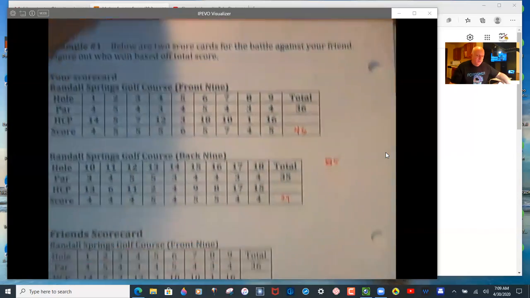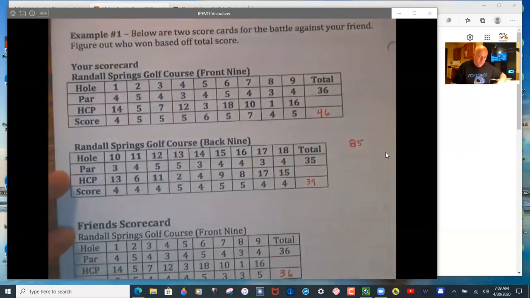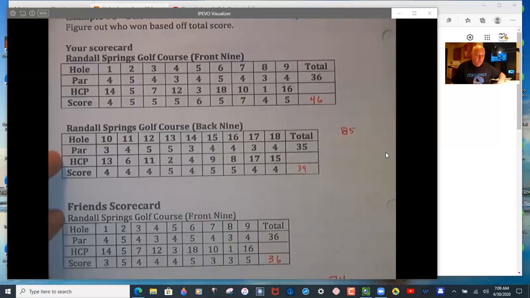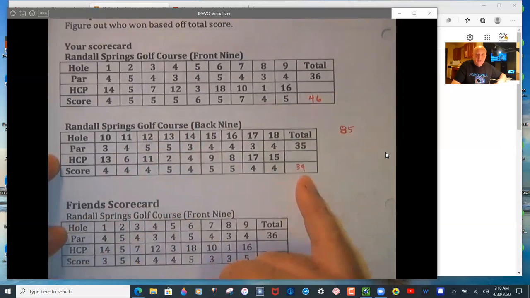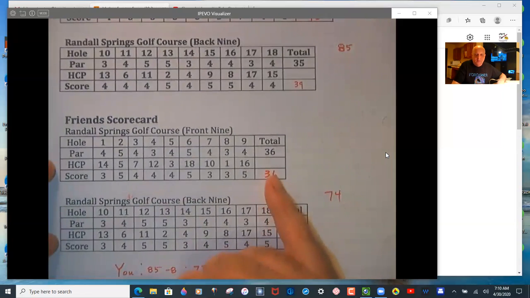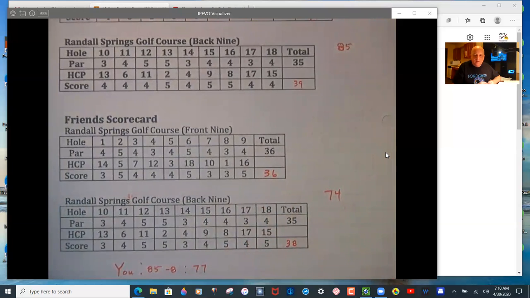Okay, so here is an example of both of these. So this is total strokes. You add your score, 46 and 39, 85. And then your friend's, 36 and 38 is 74. So you're adding your total strokes.